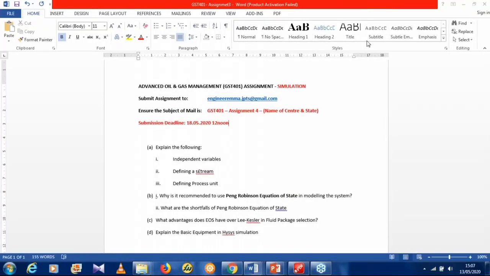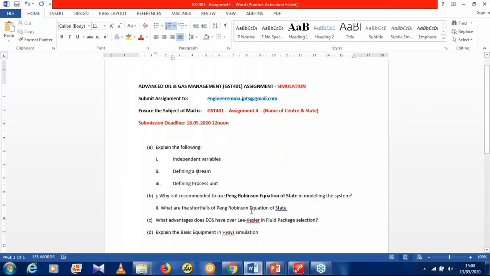Define independent variables. Explain the following independent variables with respect to I6, then defining a string and also defining process unit. Then, why is it recommended to make use of an equation of state in modeling the system?